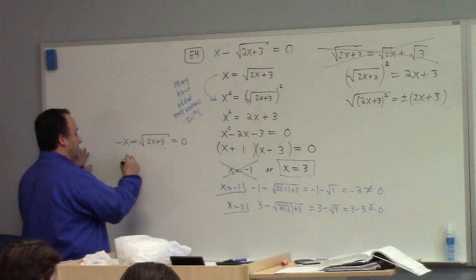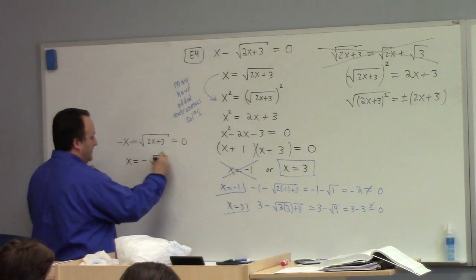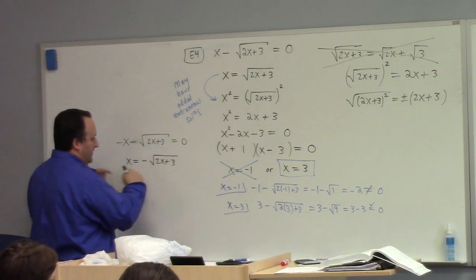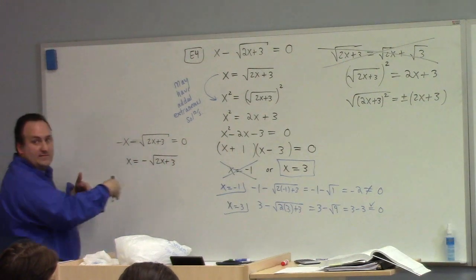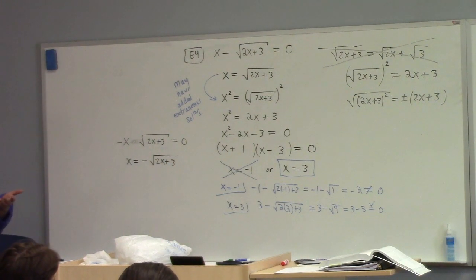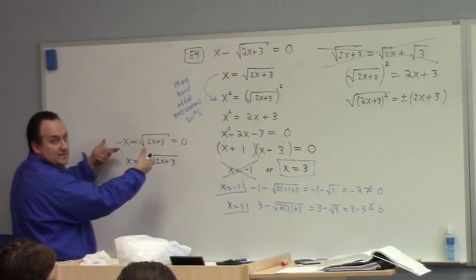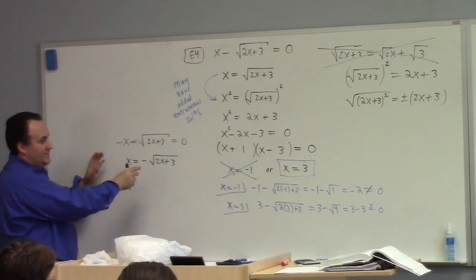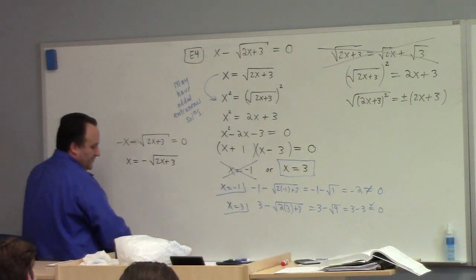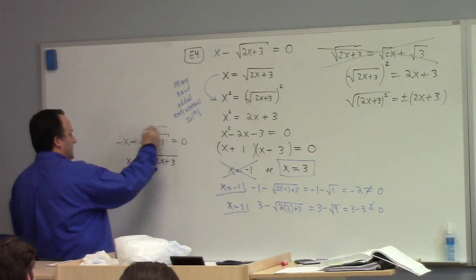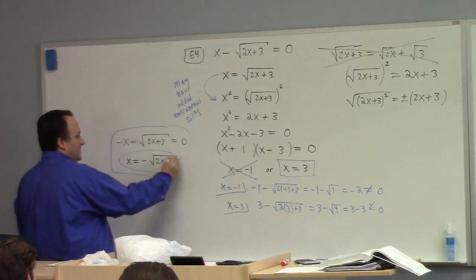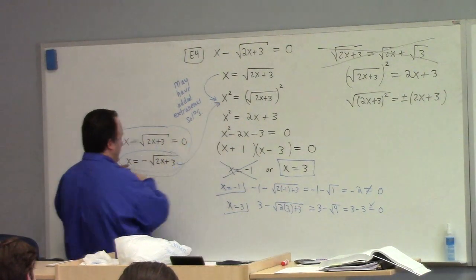So this would have given you x equals minus the square root of 2x plus 3. And if you take this problem and you square it, you get to the same quadratic. So when we square both sides, we erase that minus. This is a different problem, right? But if you take this and you square it, we get to the same point.